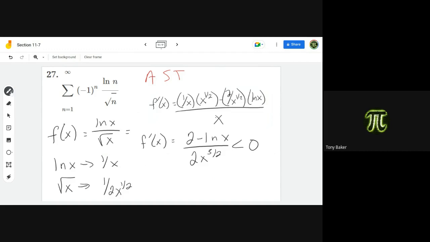So I have, in this case, 2 minus ln of x has to be less than 0. So I have ln of x is greater than 2. So we have x has to be greater than e to the second power.